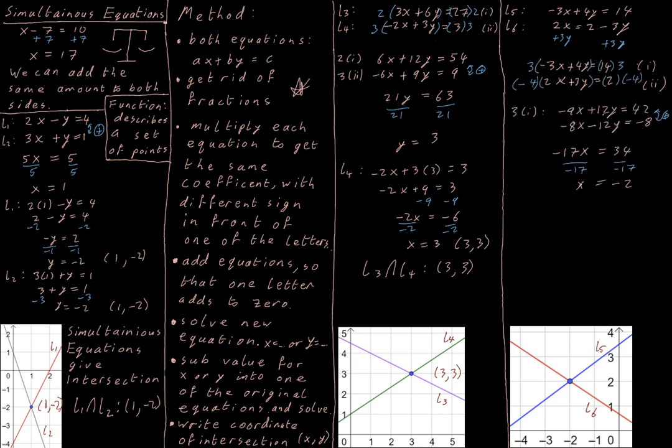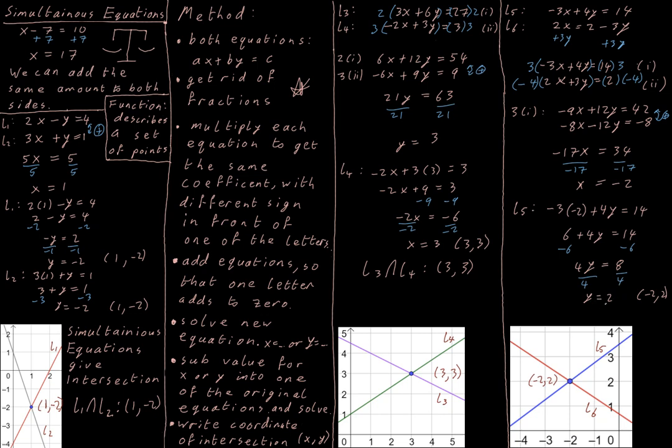Now when I get my equations where I have plus 12y and minus 12y and I add them together and solve for x, I get minus 2. If I go down to my graph here for L5 and L6, I can see that that makes sense, so I'm happy to continue. And now I'm going to see if I get 2 for my y. And I see that I do.